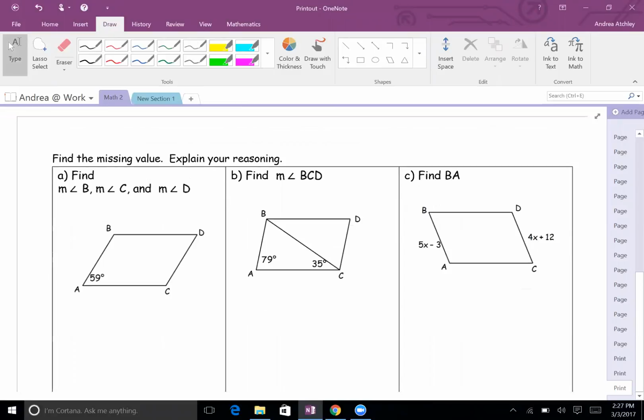Okay, so what I want you guys to do right now is do A for me. Okay, so most of us could come up with the measure of angle D was also 59 degrees.